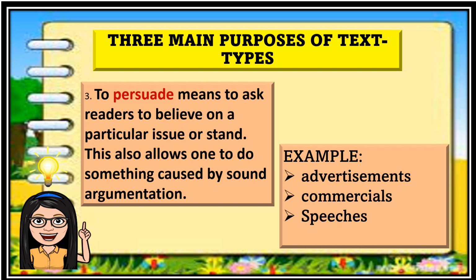And the last one, to persuade, means to ask readers to believe in a particular issue or stand. This also allows one to do something caused by sound argumentation. Here are the examples.